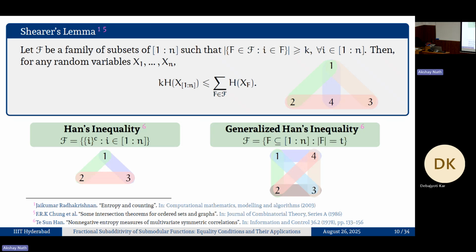The property I have is that for all elements i in n, the summation of 1 by k for all f such that i belongs to f is equal to 1, if I have an equality there. If I don't have an equality there, it is greater than or equal to.